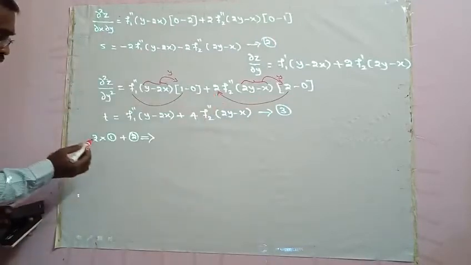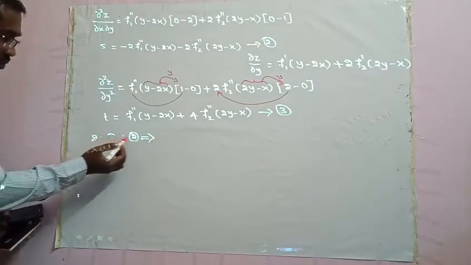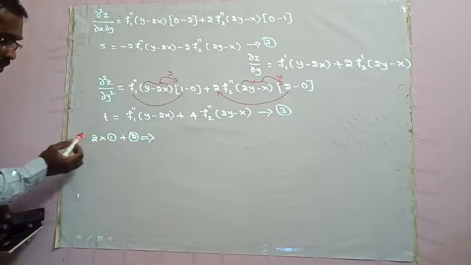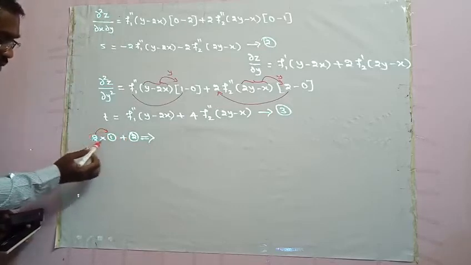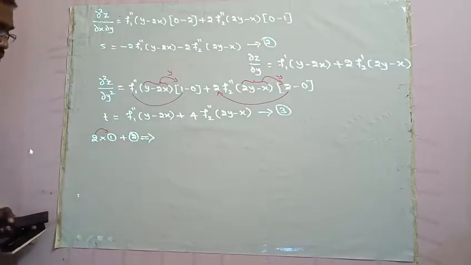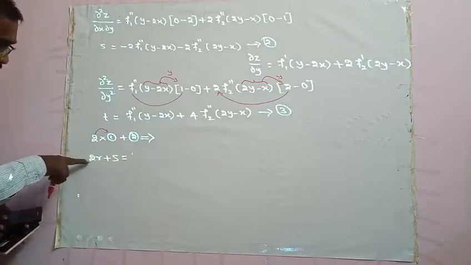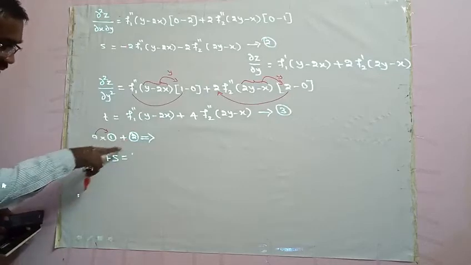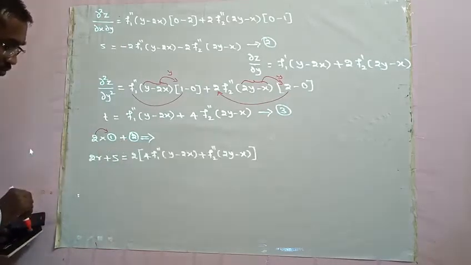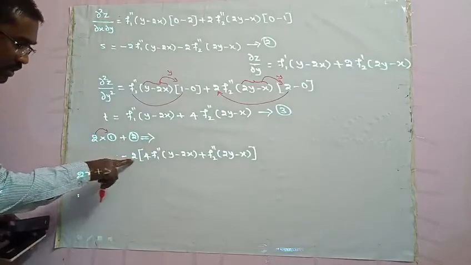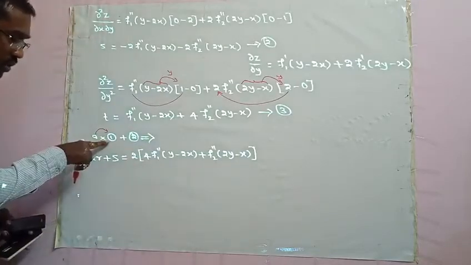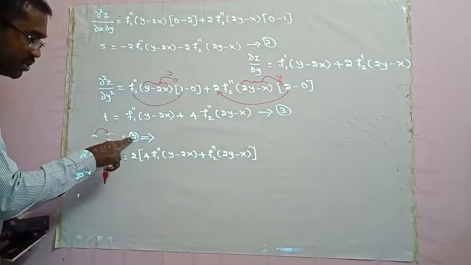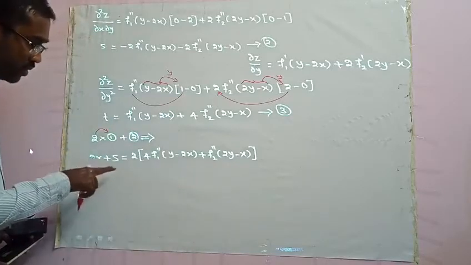Now what we do, we combine equation 1 and 2 like this. Multiply equation 1 by 2 and add it with equation number 2. So that is 2 times r plus s is equal to 2 times RHS of 1 plus RHS of 2 we write now.